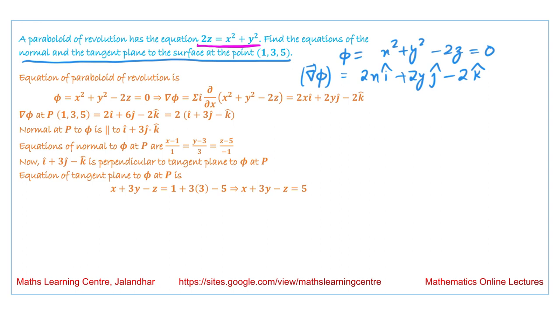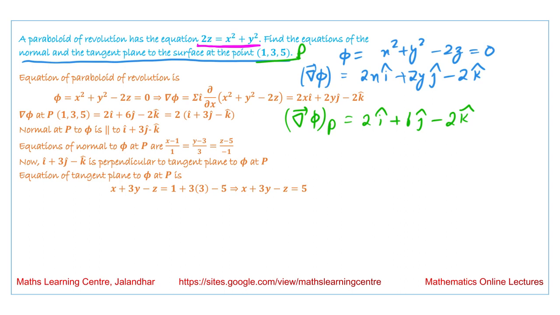Now we have to calculate the value of gradient of phi at the point, this point we are saying is P. So gradient of phi at P will be equal to 2i cap plus 6j cap minus 2k cap. Now we have to find the equations of the normal and the tangent plane.